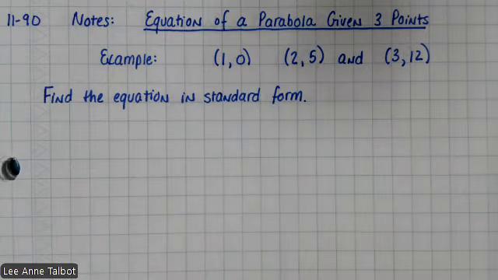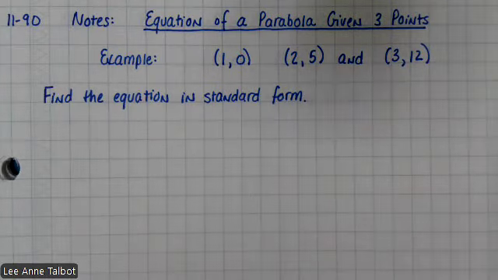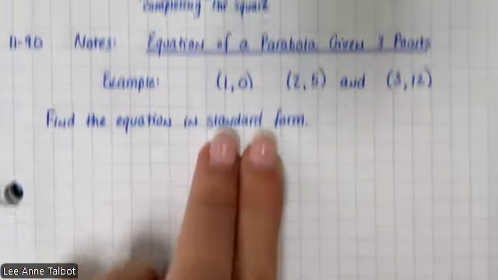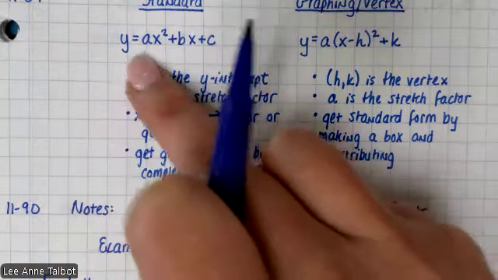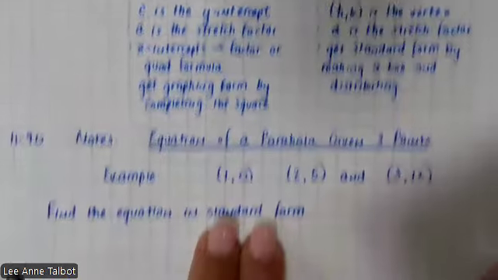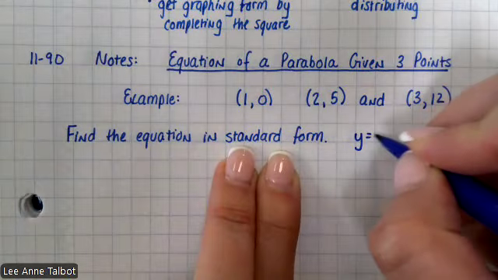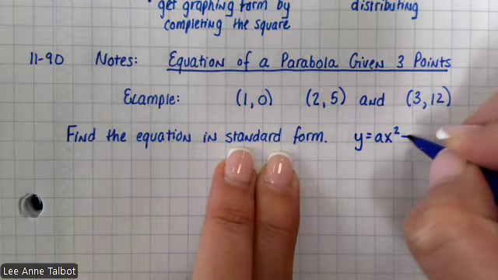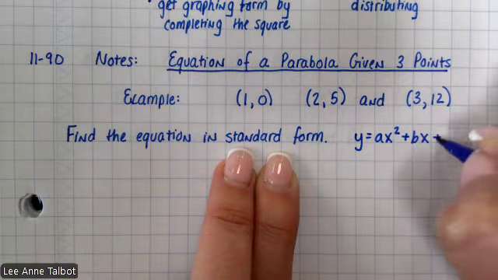All righty, let's go find the equation in standard form. It says standard form, so I'm going to scroll up here and note that that means this: y equals ax squared plus bx plus c.